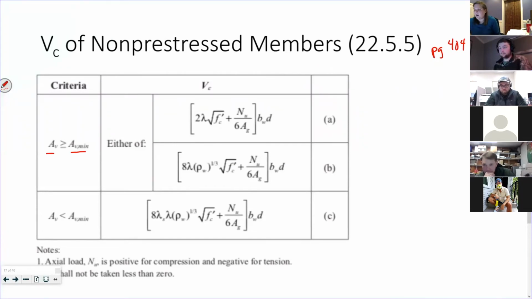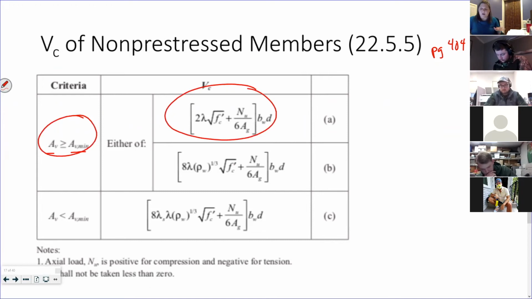I look at this top equation, equation A. You can use either of them, but I would recommend remaining with equation A. We're going to focus on it. We assume we have enough reinforcement to at least meet minimum, and we're going to use that first equation.